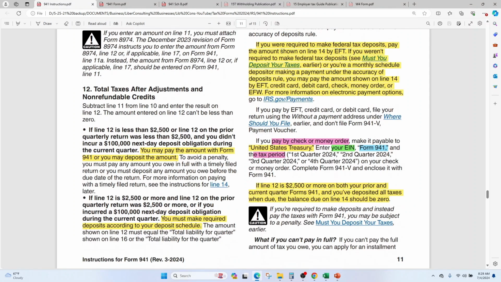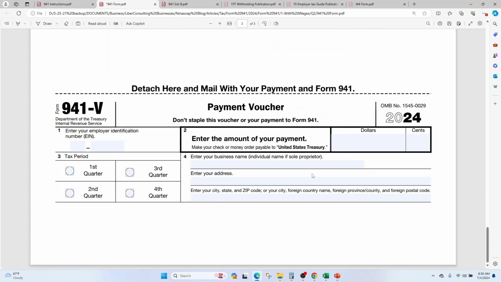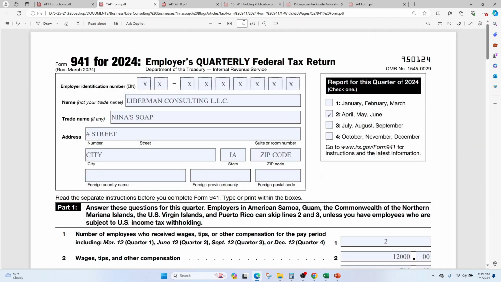If line 12 is $2,500 or more on both your prior and your current quarter Form 941, and you have deposited all your taxes when due, the balance due on line 14 should be 0. And that's why we tried to make our example look like that.